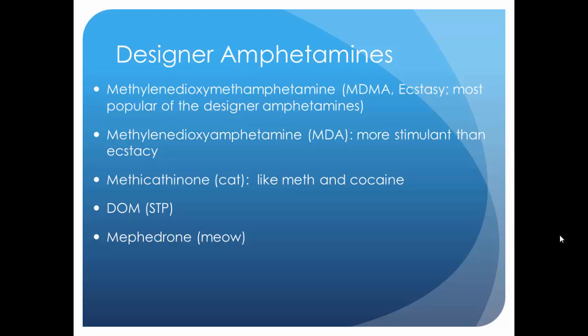DOM or STP, this one is similar in structure to amphetamine, but it also has hallucinogenic effects, and many of these designer substances are both stimulant and hallucinogen. That's why we see them in both Chapter 10 and Chapter 12. With DOM or STP, the hallucinogenic effects are more powerful than the stimulant effects.